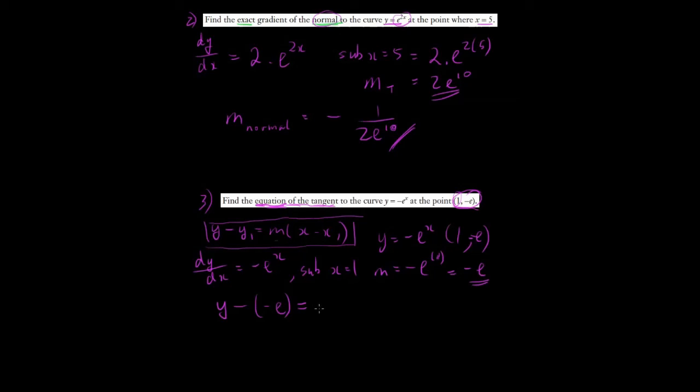M would be minus e, and this is x minus, now the x point is 1, so this is minus 1. So this will be y plus e is equal to minus ex plus e. Now these two cancel out, so it would just be y is equal to minus ex. So that is your equation of the tangent.